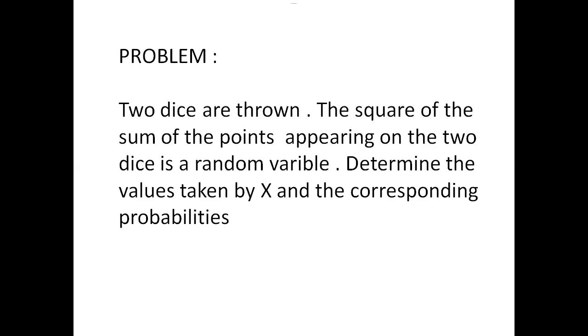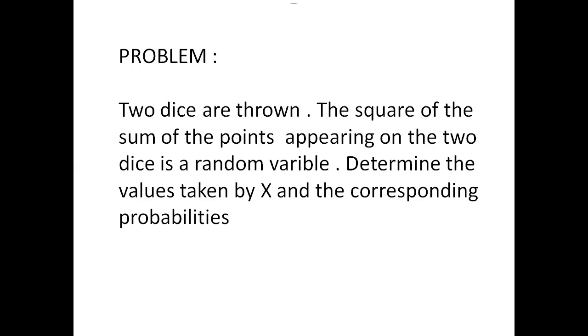So whenever two dice are thrown, the total number of outcomes is equal to 6 square, that is 36. How do we get 36? 6 square.